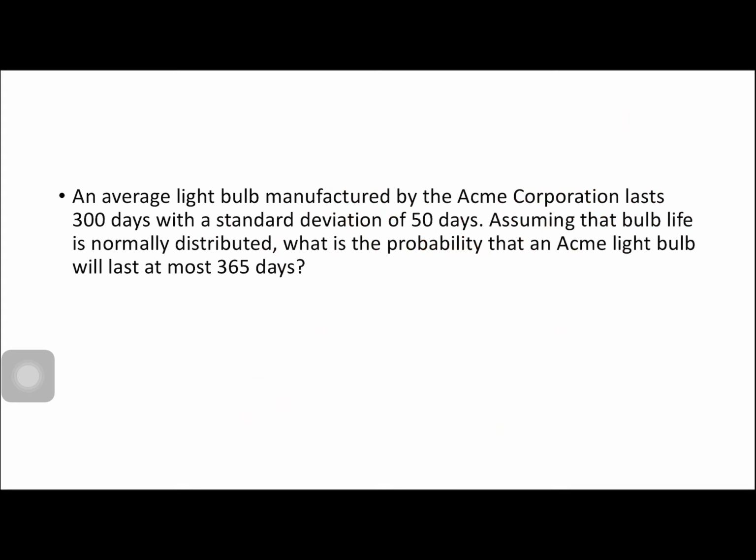Another one. An average light bulb manufactured by Acme Corporation lasts 360 days with a standard deviation of 50 days. Assuming that a bulb life is normally distributed, what is the probability that an Acme light bulb will last at most 365 days? Okay? So we are given what? Our mean of 300, our standard deviation of 50.